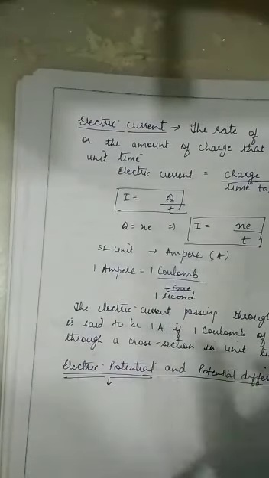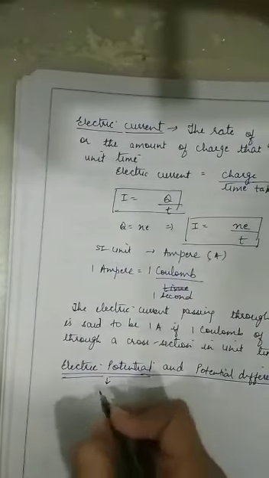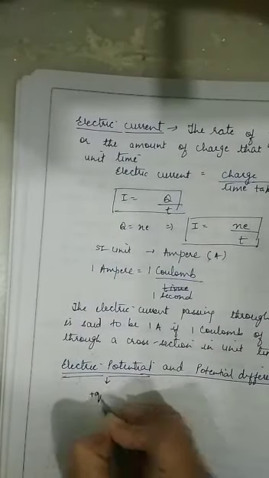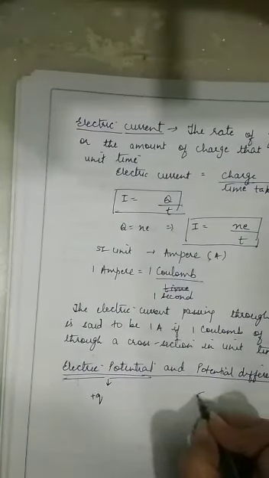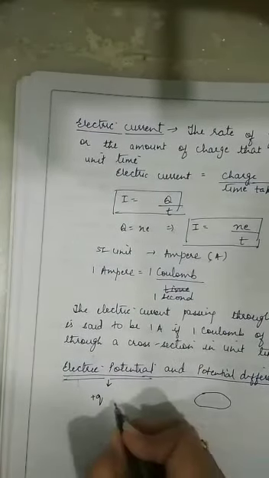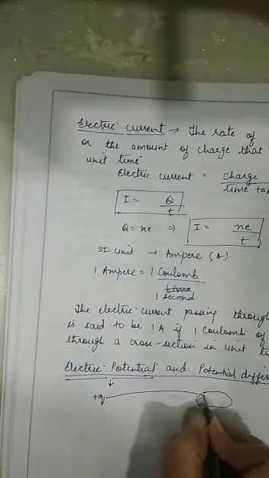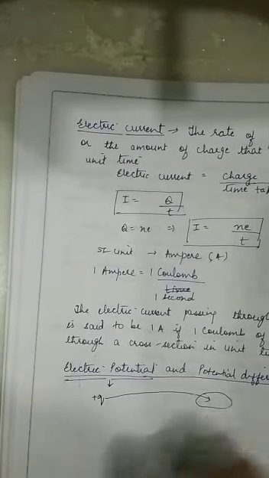According to the definition, consider that a positive charge is placed somewhere at infinity, and we have to bring that positive charge to any point P in an electric field.